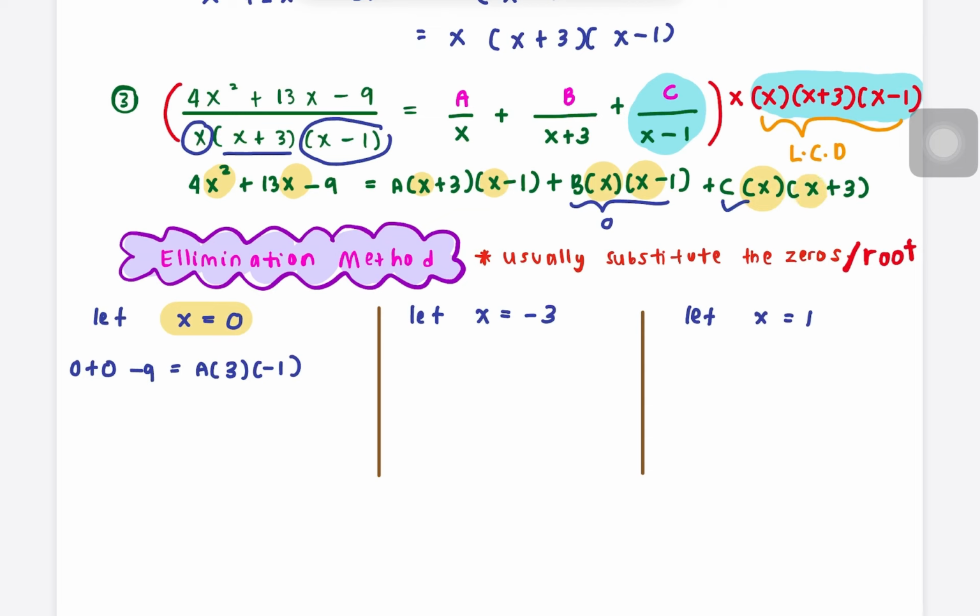And then proceed to the second part, which is you substitute x with the second root, which is negative 3. So the same method, you have to substitute all the x with negative 3. Okay, so right now with negative 3.